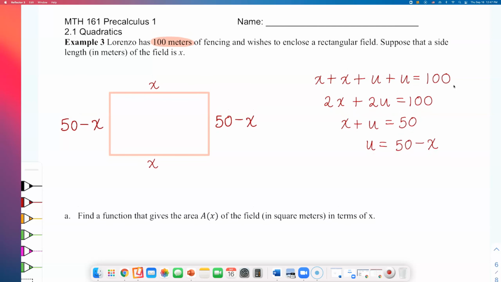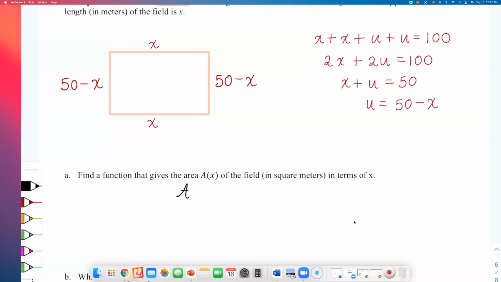Okay. Part A is asking you for a function that gives the area A of x, of the field in square meters in terms of x. Okay. Now remember the area formula. Area of a rectangle equals length times width.